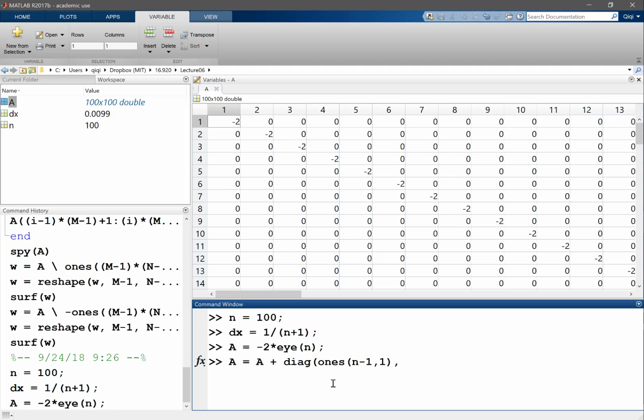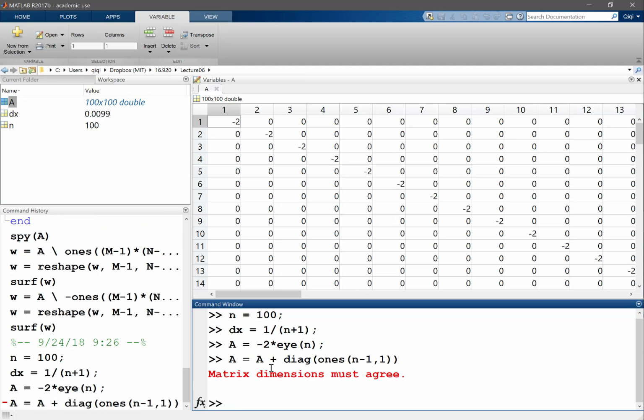And the second argument of diag, if I just make it like that, it won't work, because matrix dimensions must agree. So diag basically turns a vector into a matrix and a matrix into a vector. If you give diag a vector, it gives you a matrix with the given vector as diagonal entries. If you pass a matrix, it gives a vector of the diagonal entries of the matrix.